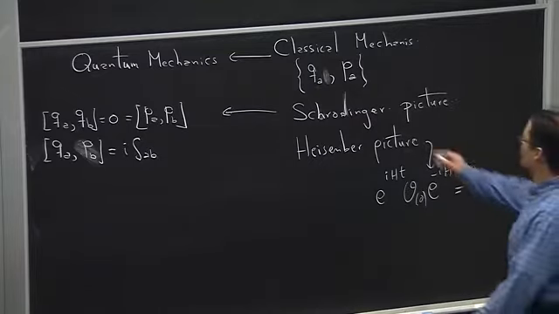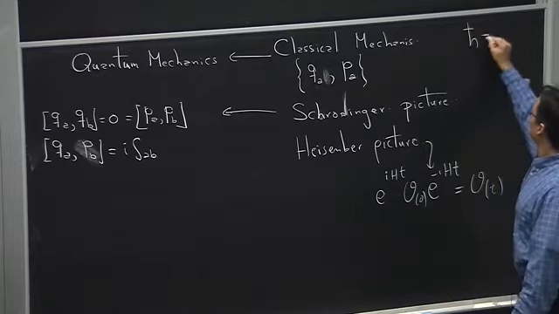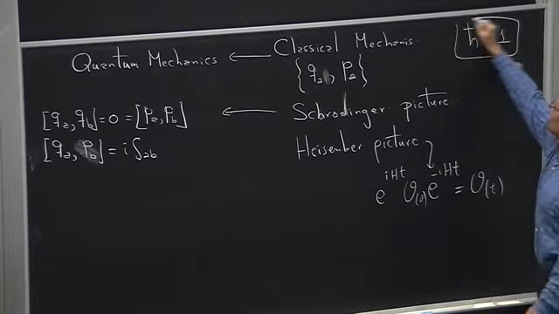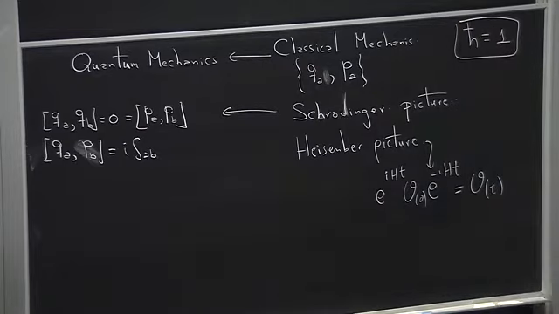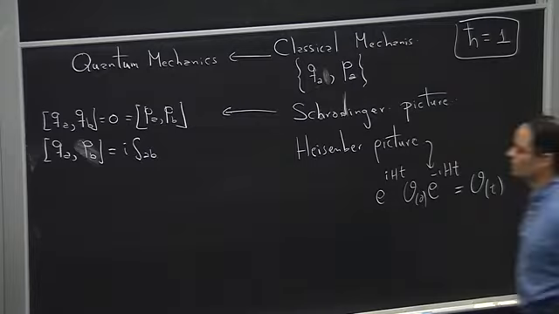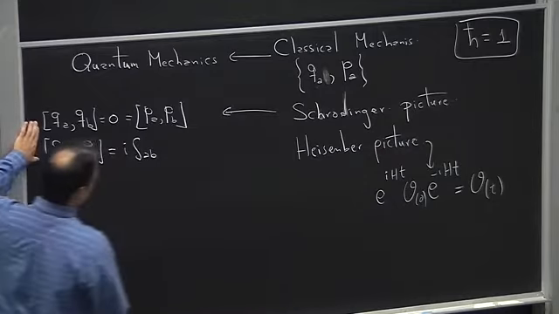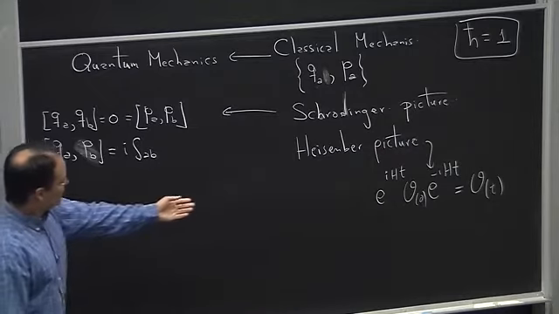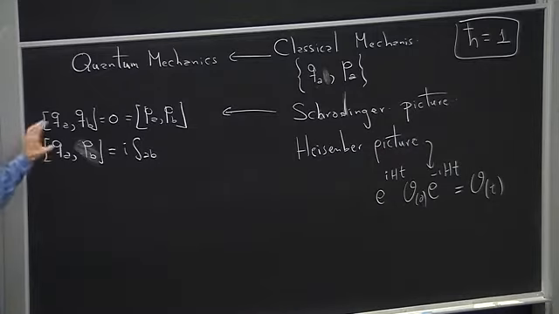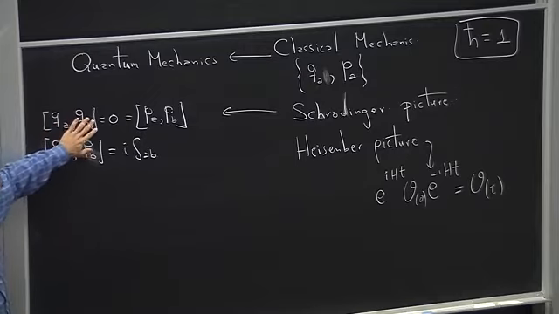Okay. Now, this is the time, again, to remind you that we are setting h bar to 1. Okay? So we're working in units where the speed of light and h bar are equal to 1. Now, this is in the Schrödinger picture, but you see that I can promote these commutation relations into the Heisenberg picture.